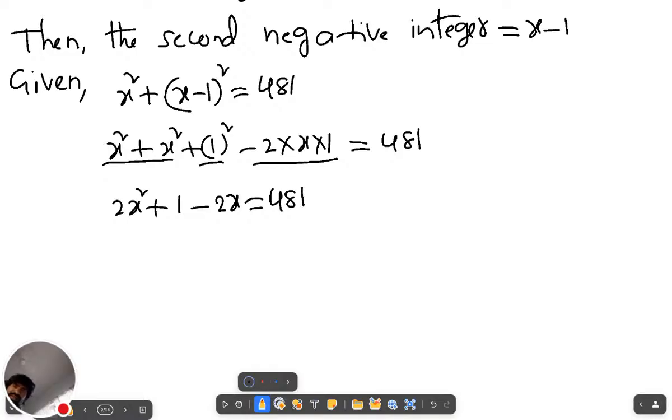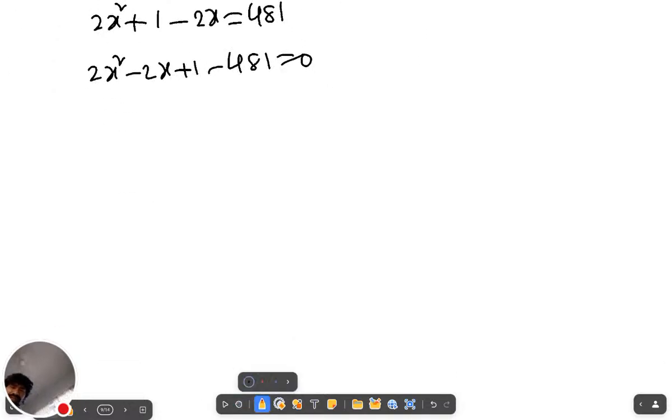So bring 481 to the left side. Now it becomes 2x squared minus 2x plus 1 minus 481 equals 0. So 2x squared minus 2x plus 1 minus 481, which is minus 480, equals 0. From the three terms, we can take 2 common.